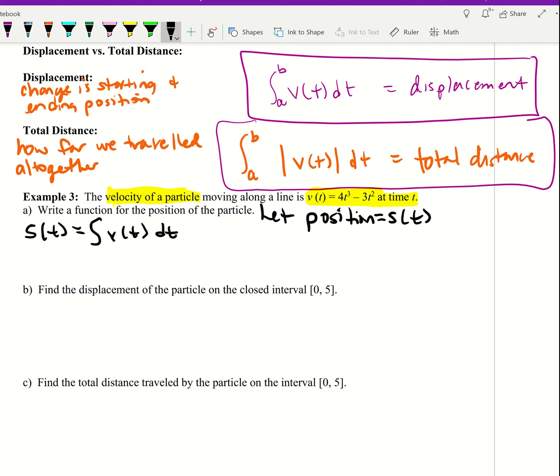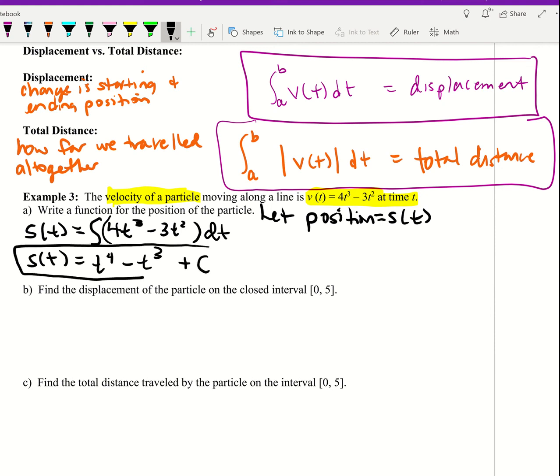So I want to integrate this 4t to the third minus 3t squared with respect to t as my input variable. So s of t, if I use the power rule, would be t to the fourth minus t to the third plus c. Now, we don't know what c is.